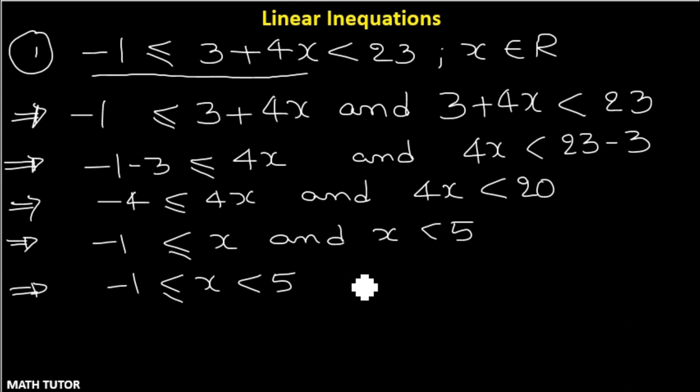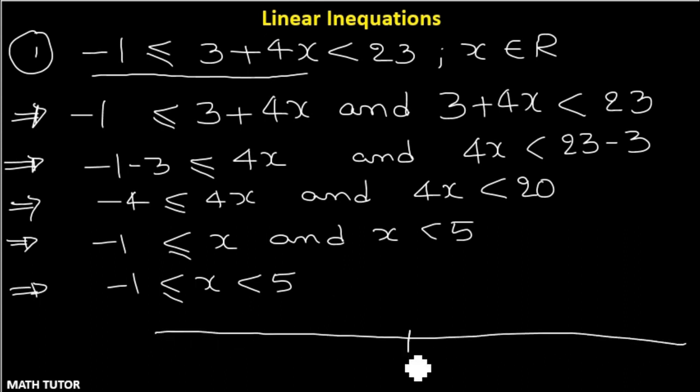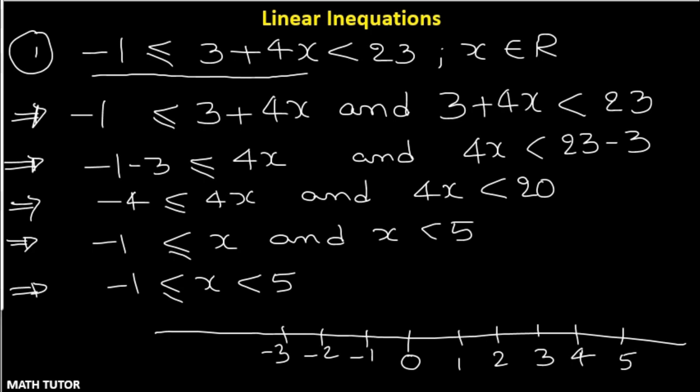Now, how are we going to represent this on the number line? We have a number line here. 0 is the center. We have minus 1, minus 2, minus 3 and so on. We have 1, 2, 3, 4 and 5 here. Now, we need to represent these numbers on the number line.